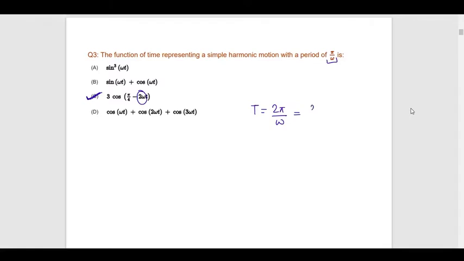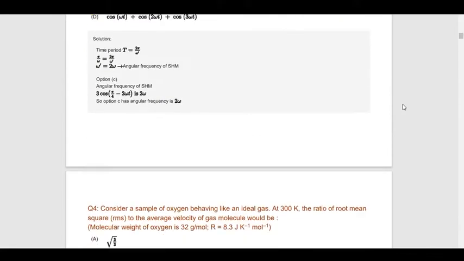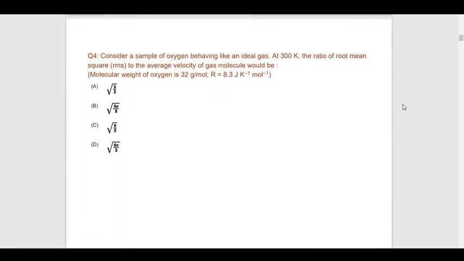So 2 pi by 2 omega will result in pi by omega. All the other options are not going to have the same value of time period, as they are either combinations of different SHMs, or we have to modify them. The equations of other SHMs will not result in the time period asked in the question. So let's observe our next question.